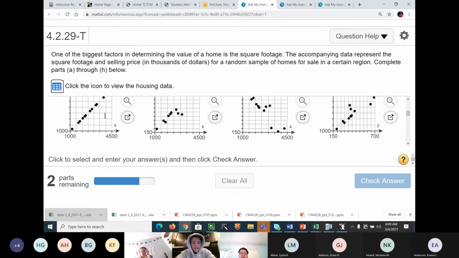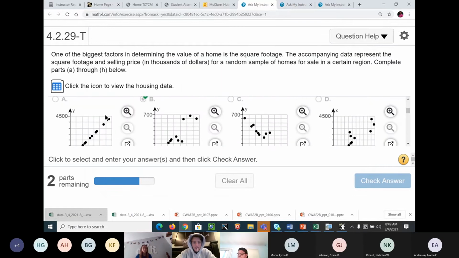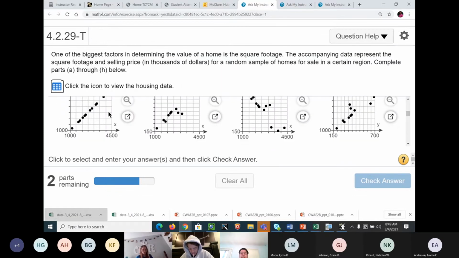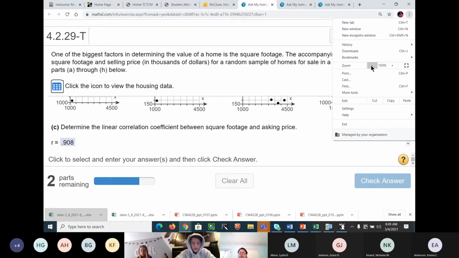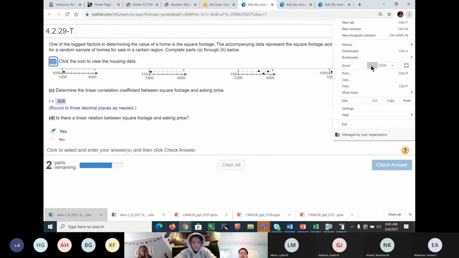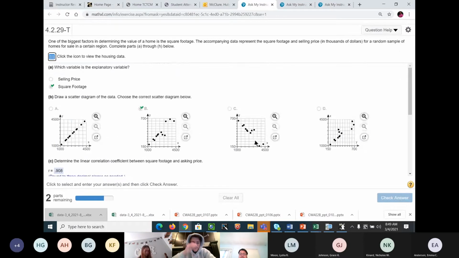Let's see what it looks like. We know it's a positive slope, so we know C is not it, because that's a negative slope. We know that A is not it, because that's almost perfect.